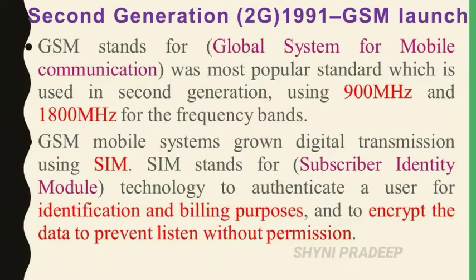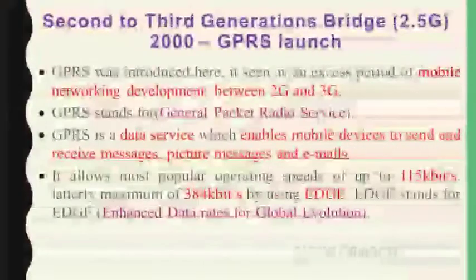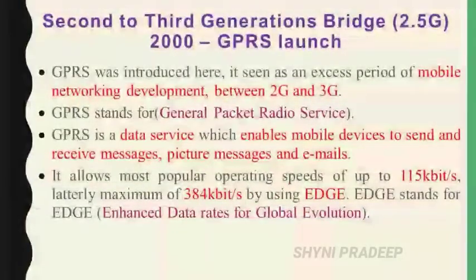And next, the second to third generation bridge, which means 2.5G. Its year is 2000. GPRS launch. GPRS stands for General Packet Radio Service. It was introduced in between 2G and 3G. This GPRS is a data service which enables mobile devices to send and receive messages, picture messages and emails.